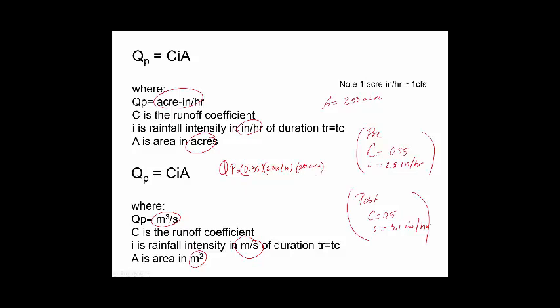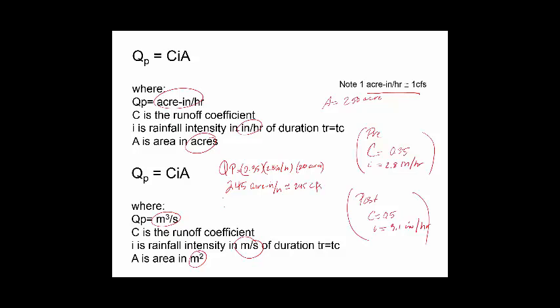Okay, so let me calculate that real quick. So, not real quick, but 0.35 times 2.8 times 250. So I have 245, and that's acre inches per hour, which is about 245 CFS.